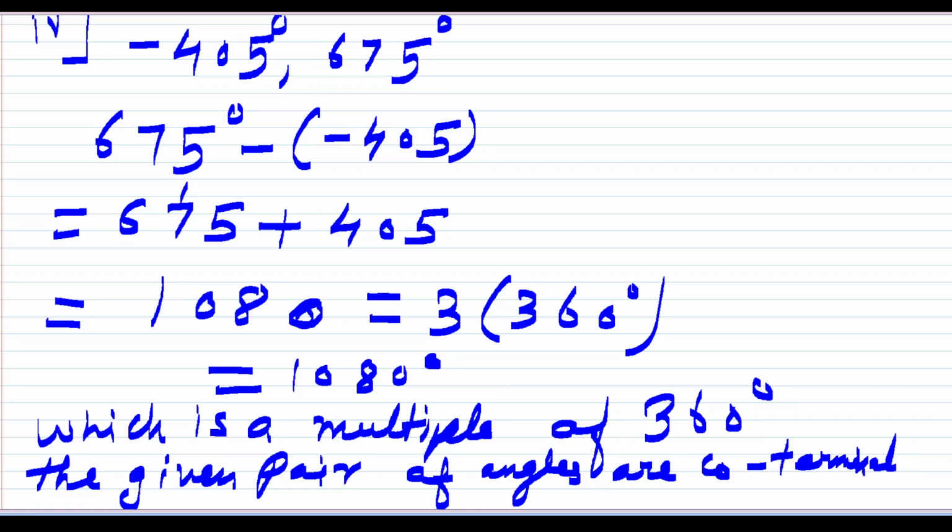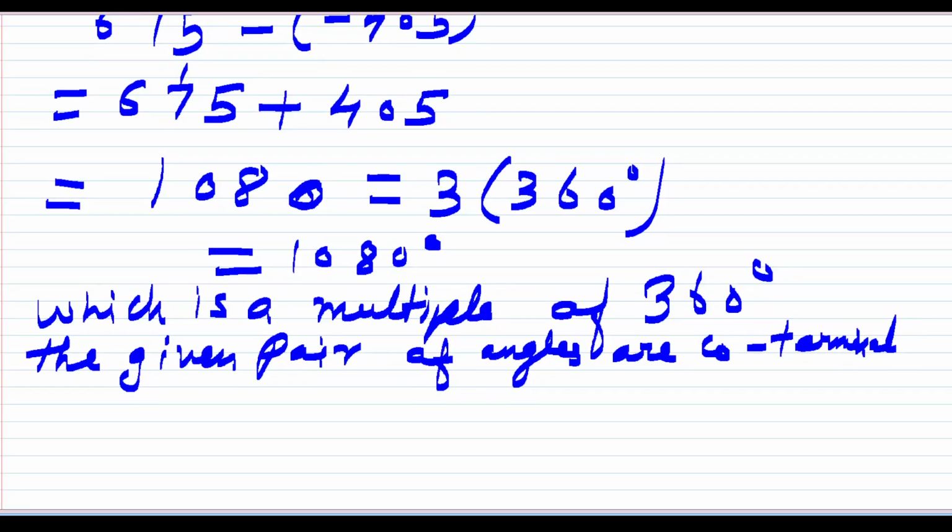It is very simple. If the result of the pair of angles is a multiple of 360, then it is coterminal. If it is not, then it is not coterminal. We'll move on to the next example.